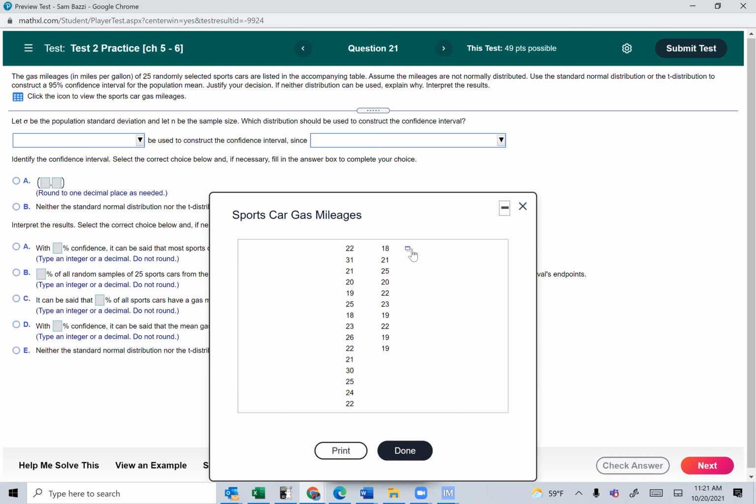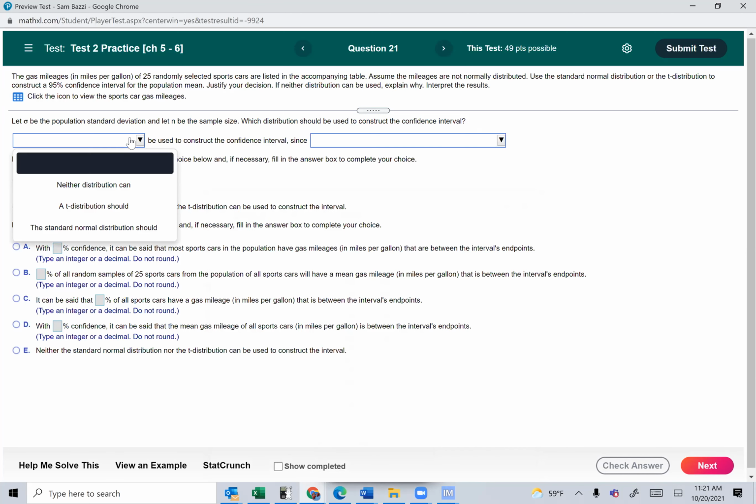So again, you put those into your calculator, and then you go to stat, tests, T interval, select data, select the list where your data is, and run the interval, and you should get it. So it's exactly the same as the one that we did before, guys. Okay, so here we should use the T distribution.